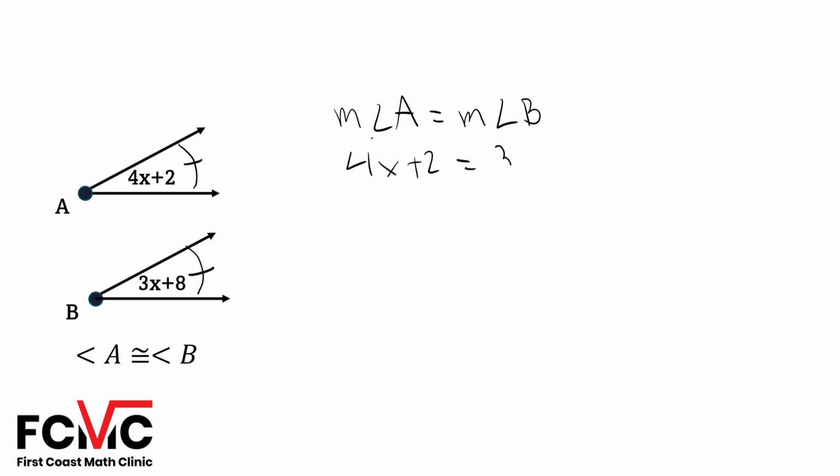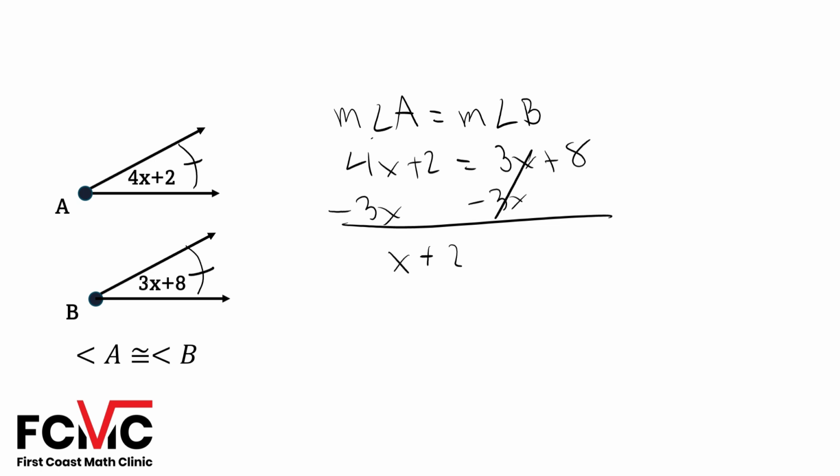The measure of angle B is 3x plus 8. Let's solve this for x. I'm going to subtract 3x and 3x. I get x plus 2 equals 8. We subtract 2, subtract 2. I get x equals 6.